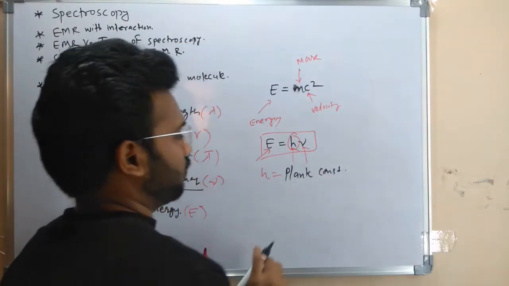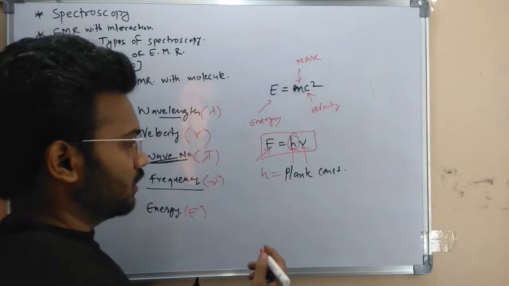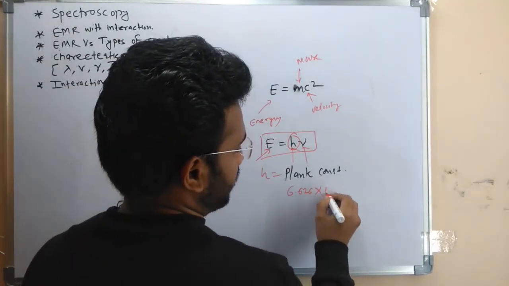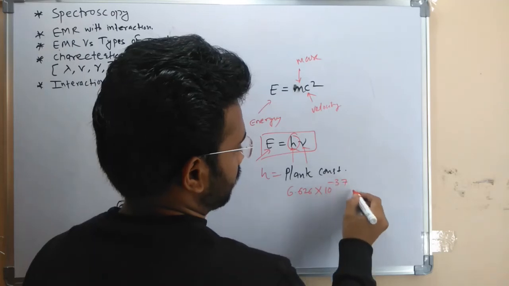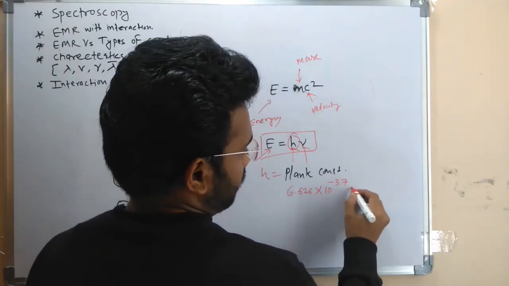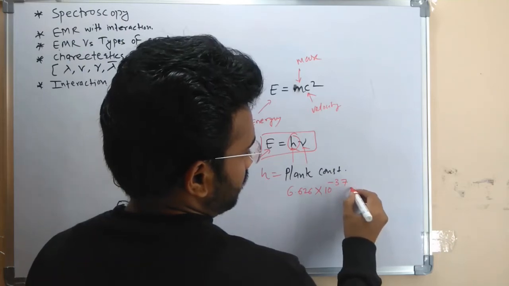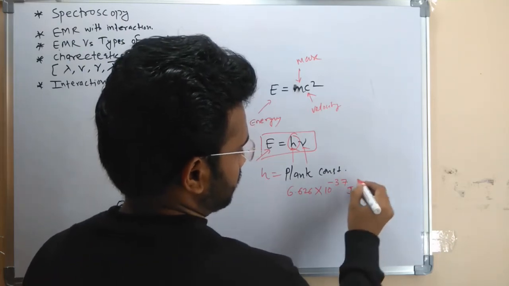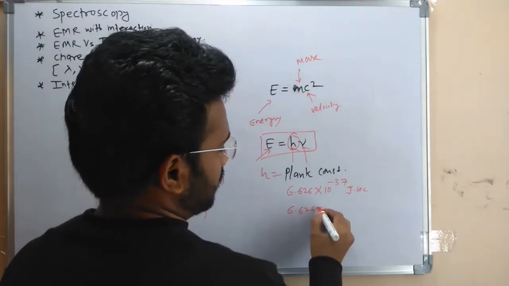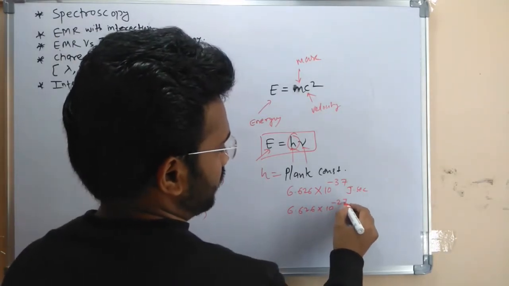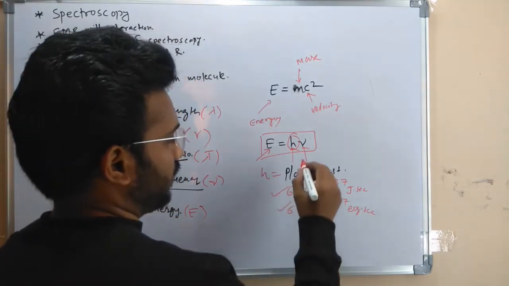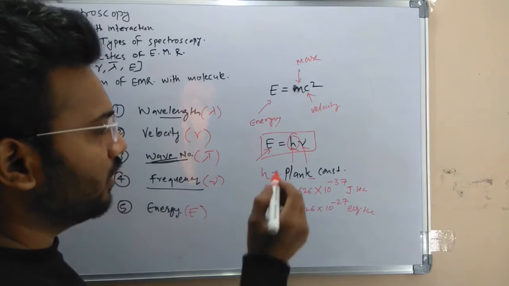The value of the Planck constant is 6.626 into 10 raised to the power of minus 34 joule second, and also 6.626 into 10 raised to the power of minus 27 erg second. These are the two values for the Planck constant.